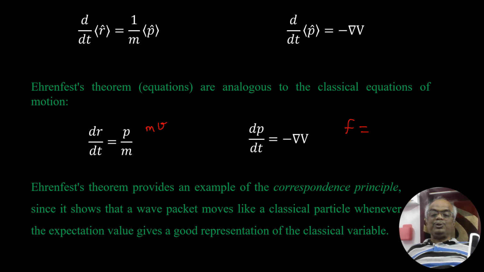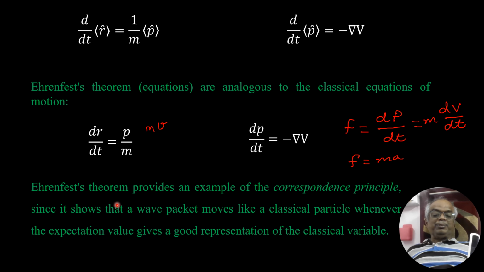Force is equal to dp by dt, where p is mass into velocity. This can be taken as m dv by dt. So naturally F equals ma, Newton's law of motion. So there is a link between classical physics and quantum physics.